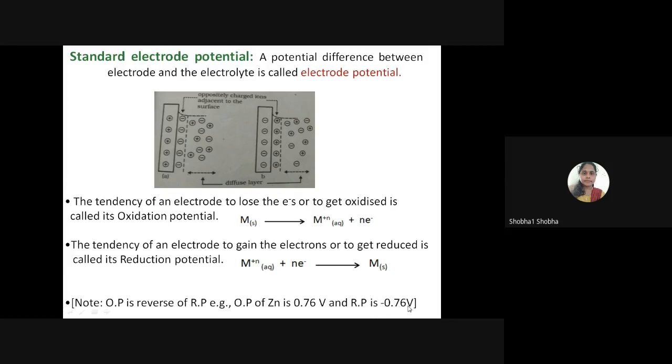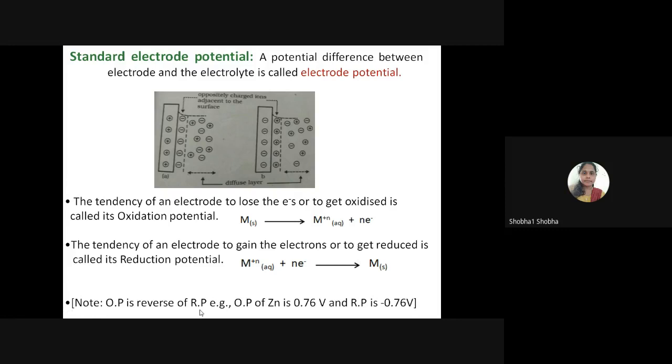You might get confused: ma'am, it's not undergoing reduction, then why is there a reduction potential? Maybe not here, but with other metals it will undergo reduction, and at that time its reduction potential will be minus 0.76. Okay, oxidation potential will be exactly the reverse of reduction potential, or vice versa, right?